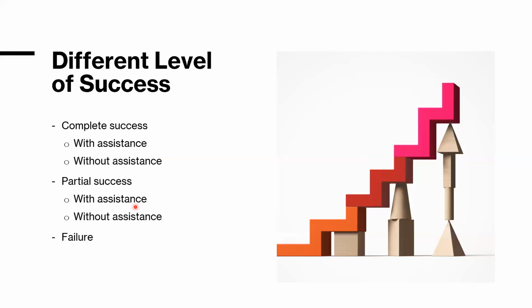Okay, so when you're defining the different levels of success, complete is very simple, but even for complete success, we have to consider with assistance how many times a moderator has to interact and provide guidance or instructions and so on, or maybe without, right?